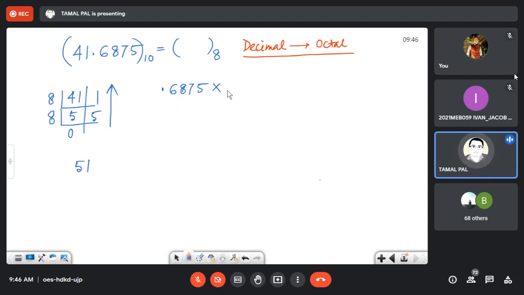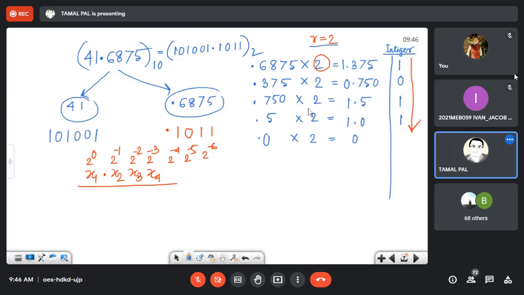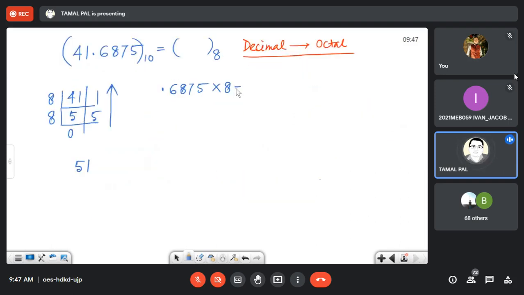Then multiply by 8. If it is a problem for some people, look at this: while I was converting this number into binary, I was multiplying by 2, and now I am multiplying by 8. Now tell me the result. 5.5. So the integer is 5.